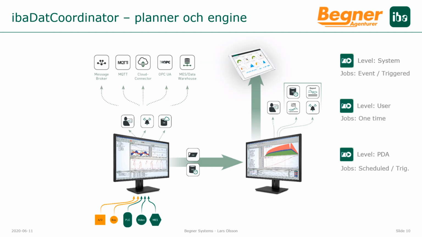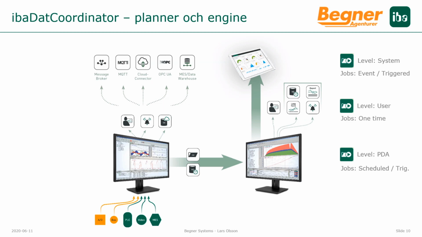And the different jobs inside ibaDatCoordinator, if you go back to the bottom part, the PDA level, normally you can think about job types as scheduled and triggered jobs. It means that you can put in a schedule for jobs being done. I will show you later on what these jobs can contain.